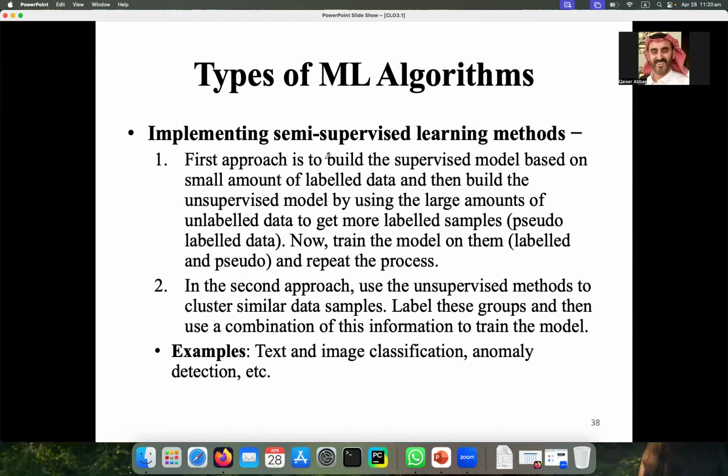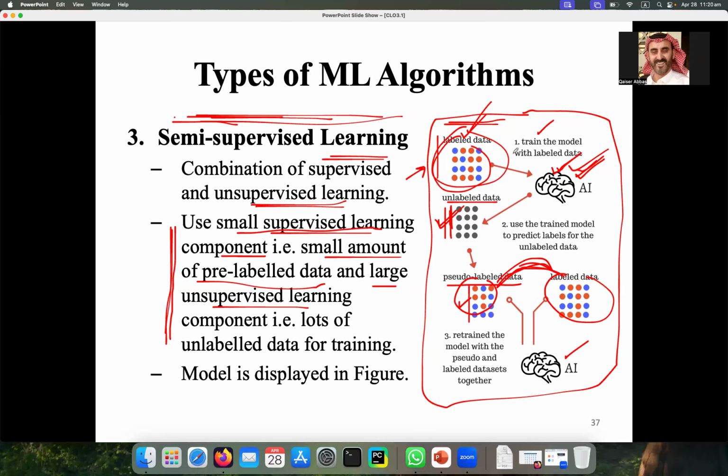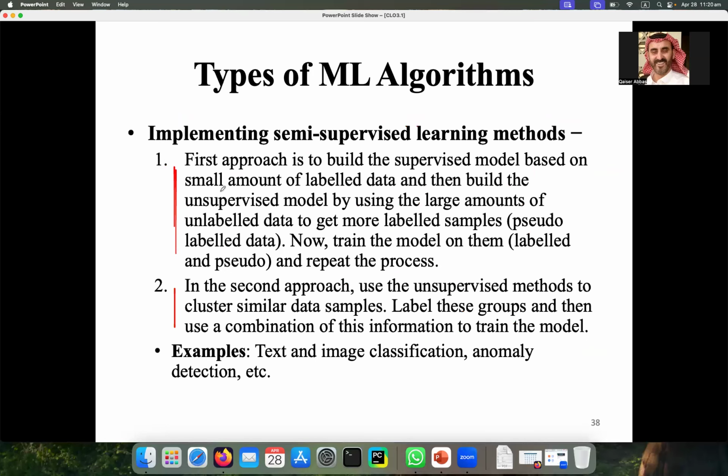People who implement semi-supervised models adopt two approaches for building these models. The first approach is the same as what you have already seen here. We build the supervised model, starting with a small amount of labeled data.